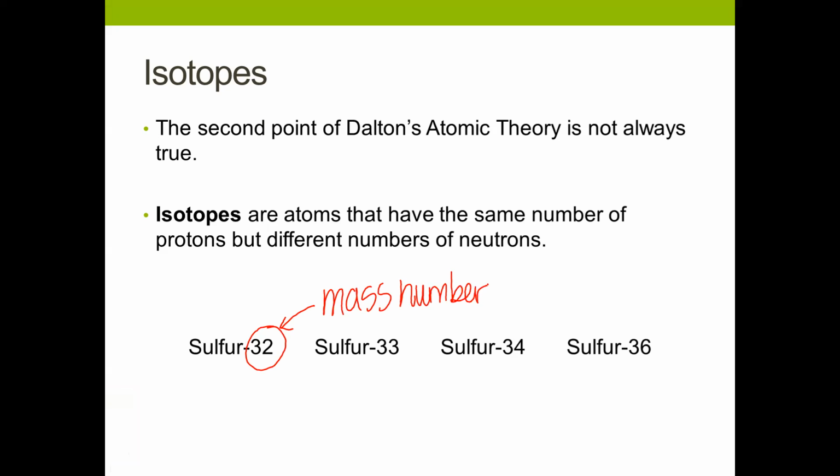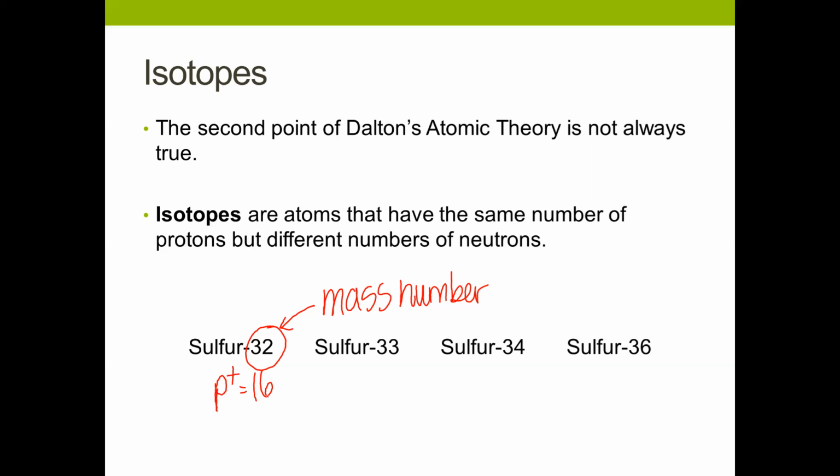Now, what's the atomic number of sulfur? It's on the right side of the periodic table. 16. So sulfur 32 has 16 protons.